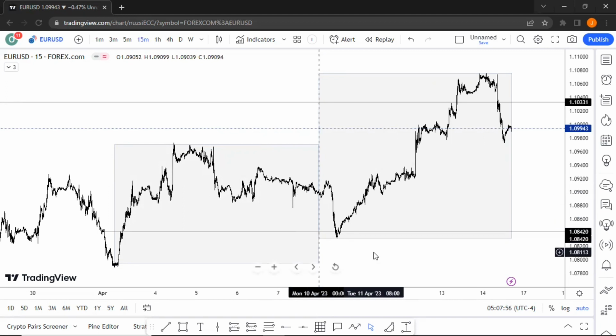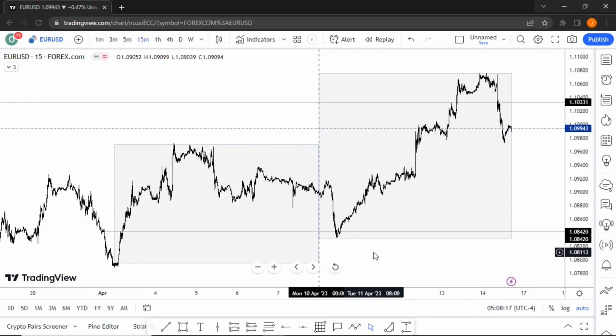This is why most of the time I always say that if you're struggling with ICT, struggling with understanding price action, struggling with coming up with a bias for the week, always wait for Monday to play out.